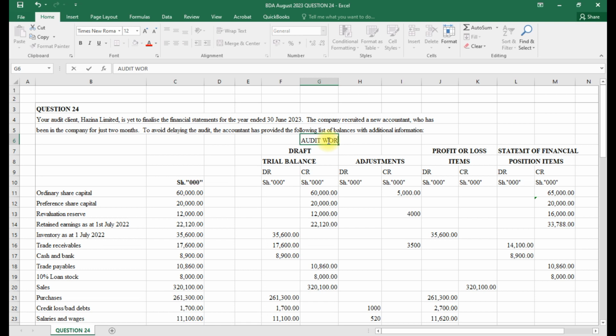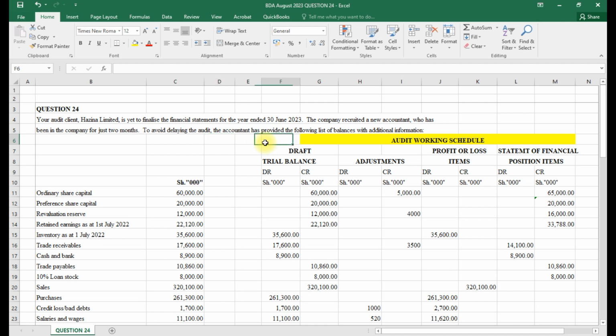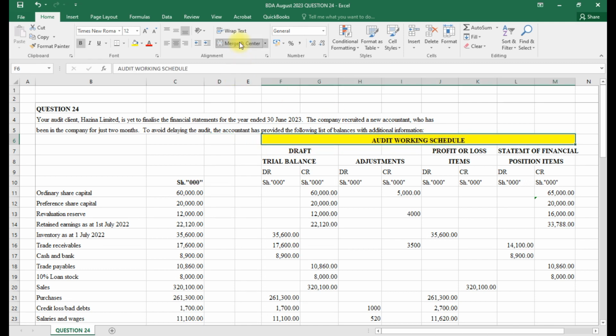Audit working schedule, and I will put it here, merge center, bold, that can use that audit working schedule. And that's how that particular question was supposed to be done.